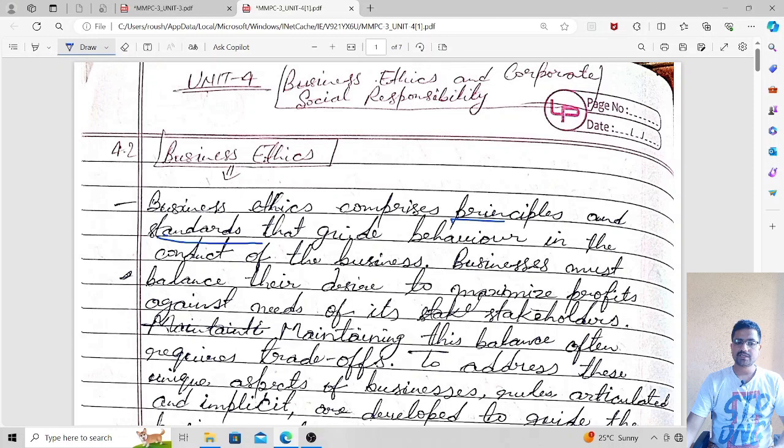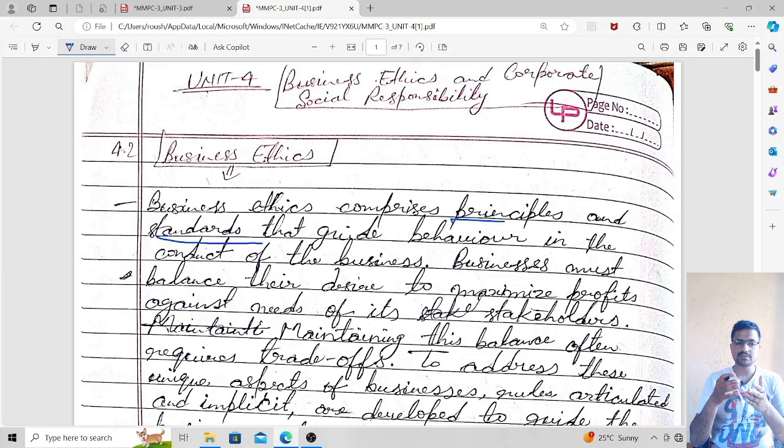Businesses must balance their desire to maximize profit against the needs of its stakeholders. Business ethics is simply the principles and standards that guide behavior in the conduct of the business.